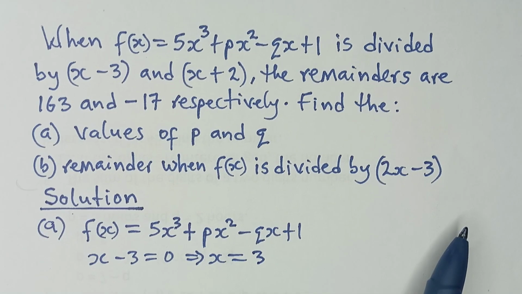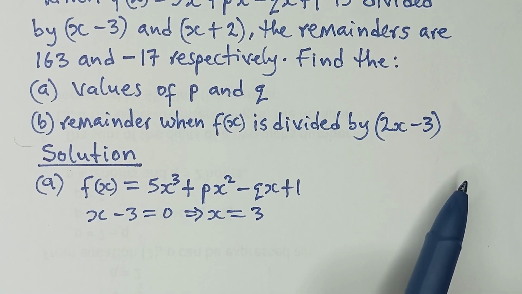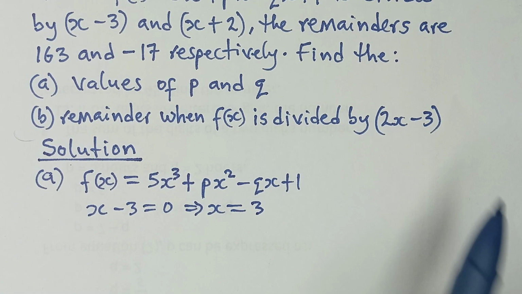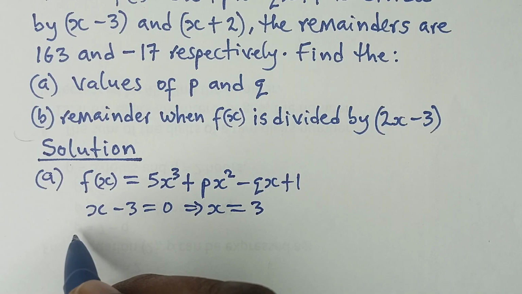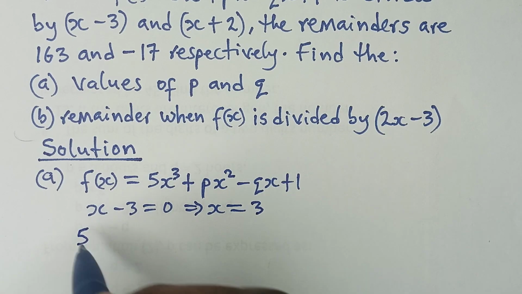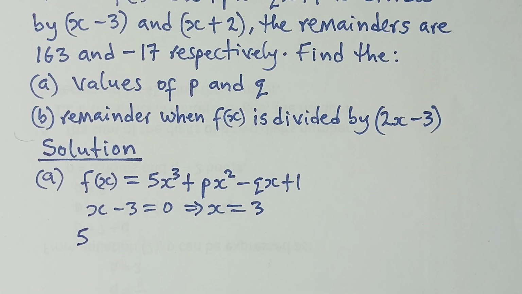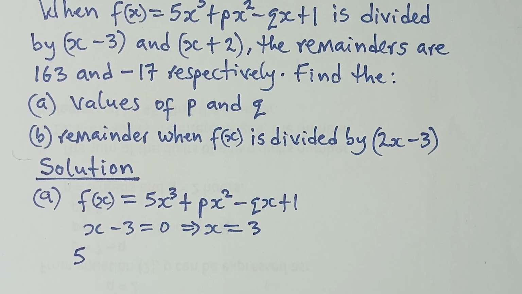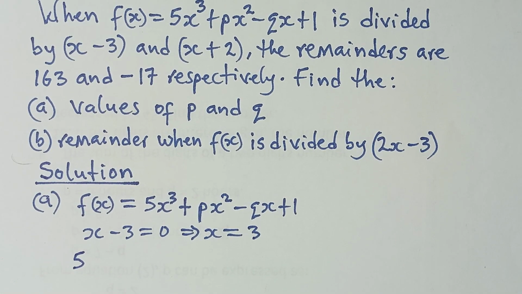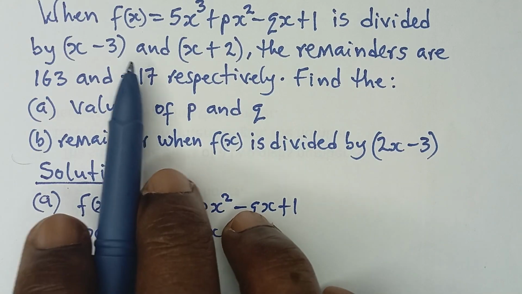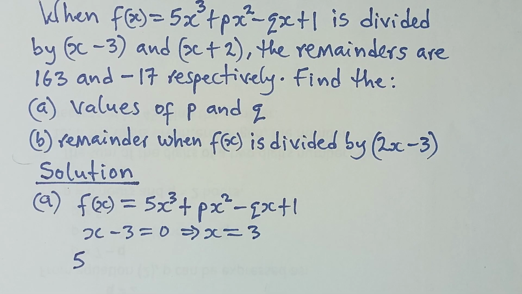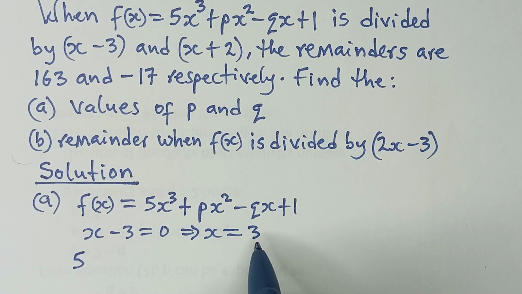So we are going to equate it to 163. So I can simply write it now as 5x cubed. So in place of writing the x cube, I'm going to write the original expression. As you can see there, 5x cubed. So in place of the x, I'm going to put this value 3.